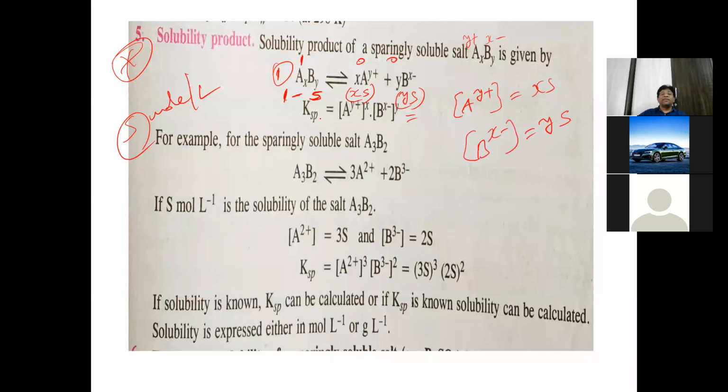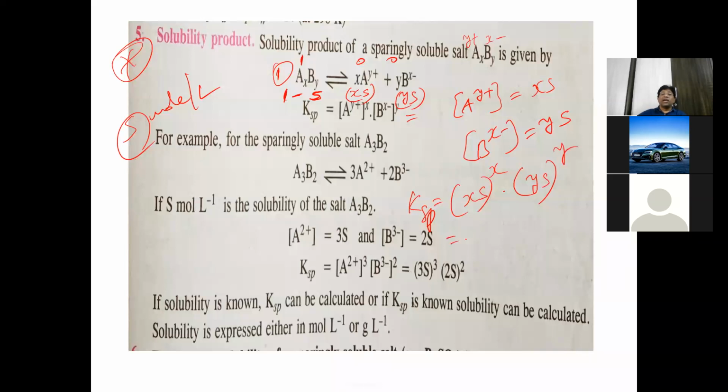And now Ksp is equal to what? Concentration of cation to the power of x and concentration of anion to the power of y. How to write Ksp? Tell me. Ksp is equal to concentration of cation, xS, whole power x, into concentration of anion, yS, whole power y.